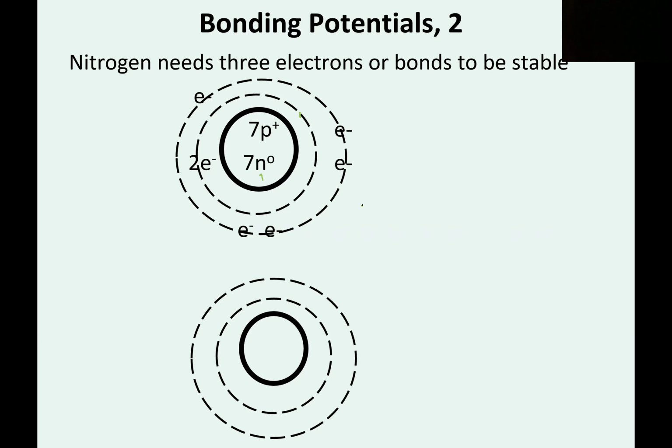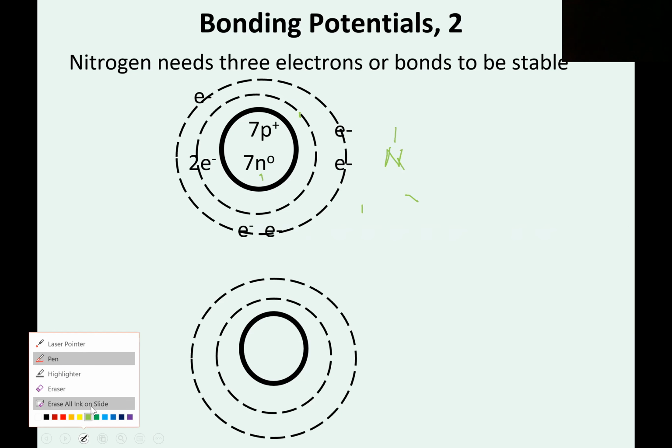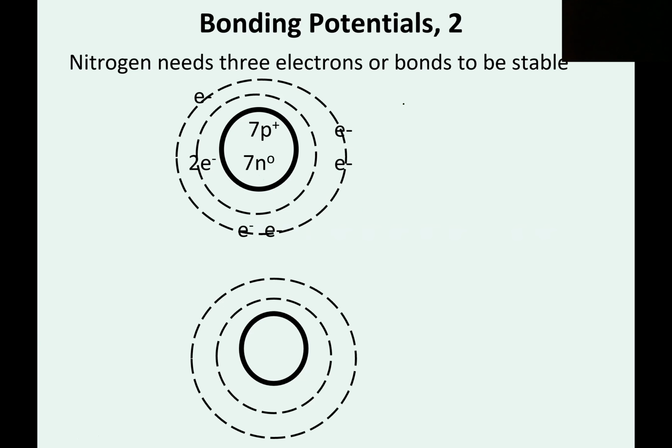In a structural formula, nitrogen can have 3 single bonds, or it could have a double bond and a single, or it could have a triple bond with something else.